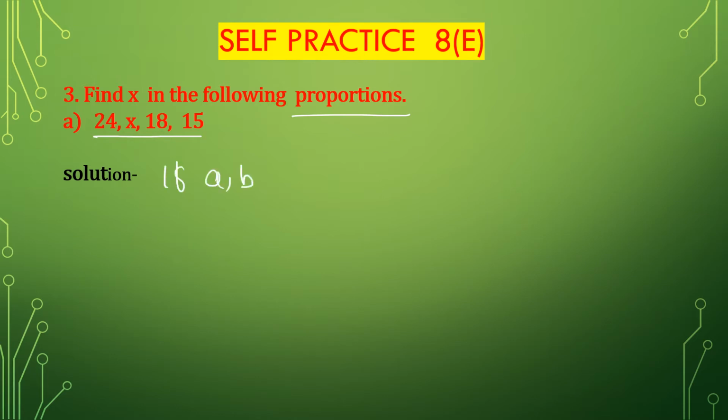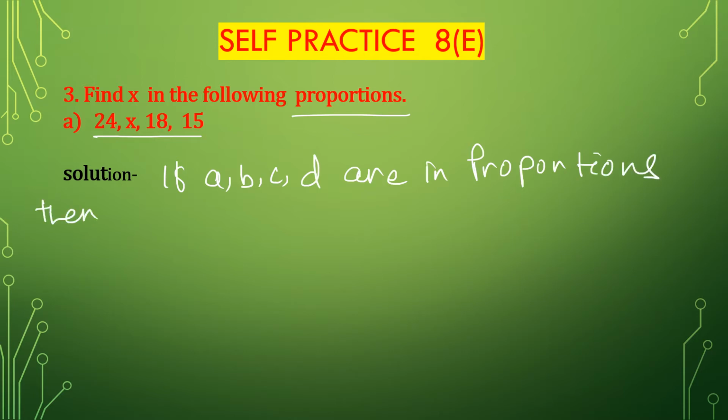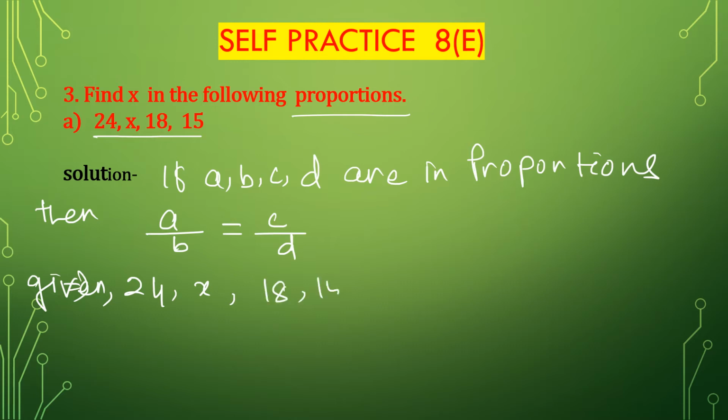If A, B, C, D, four numbers are in proportion, then A is to B, A divided by B, is equal to C divided by D. It is given that 24, x, 18, 15 are in proportion.